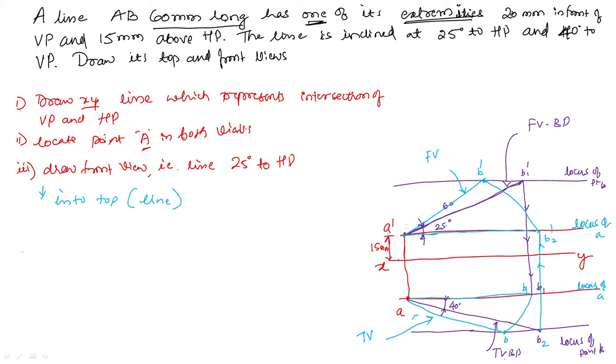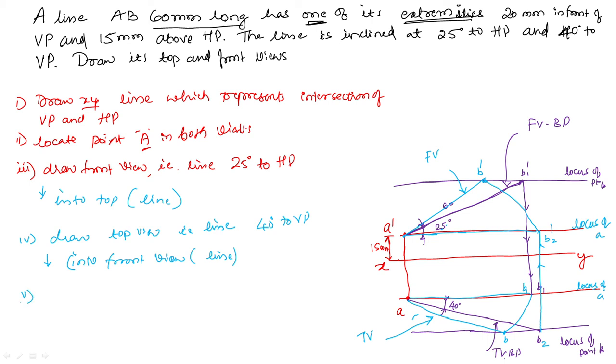Similarly, the first step is to draw the top view, that is, a line at 40 degrees to VP. When you convert this to front view, it becomes a line.